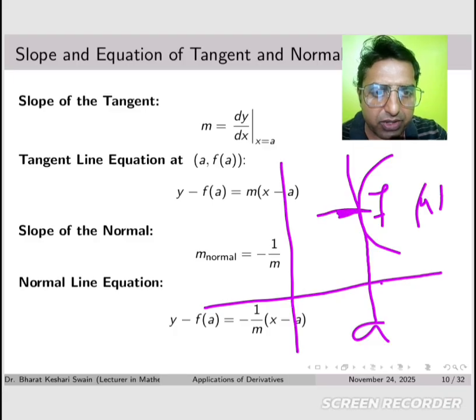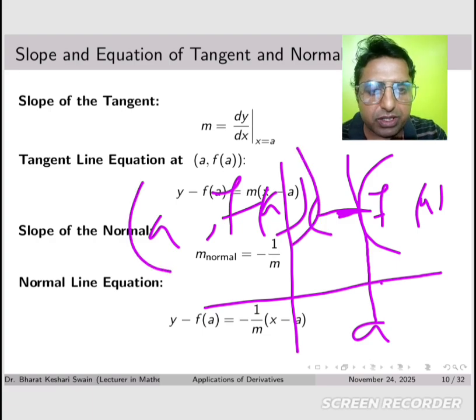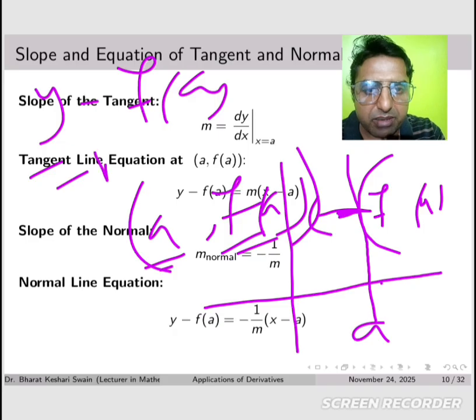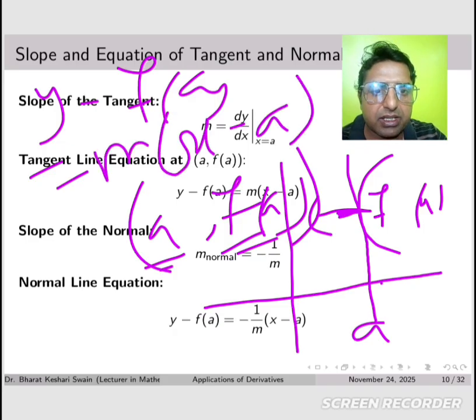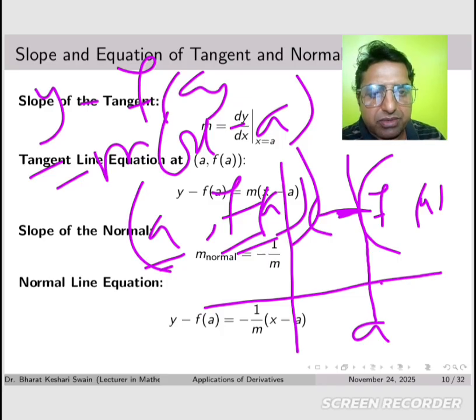So the point is (a, f of a). Your equation will be y minus y1, where y1 is f of a, is equal to m into x minus the x coordinate, which is a. So this is the equation of the tangent.